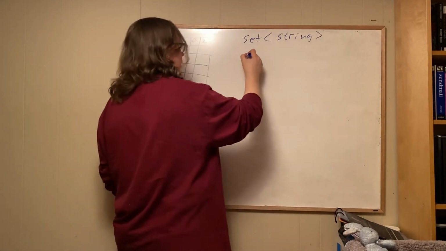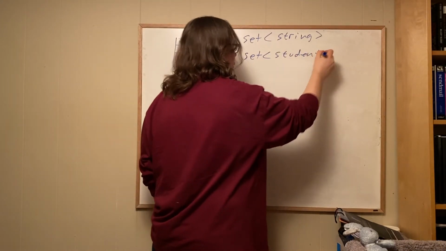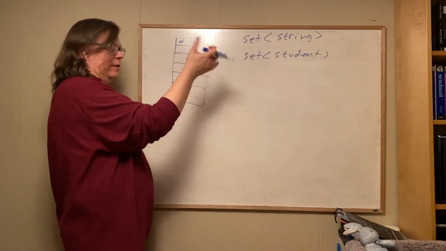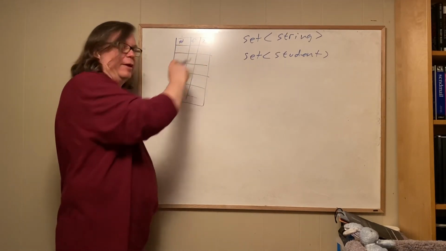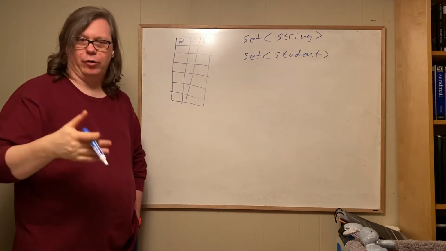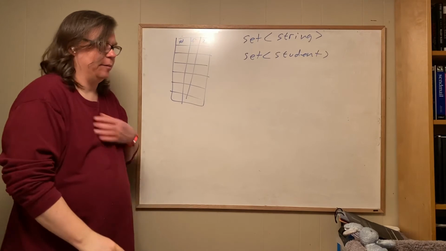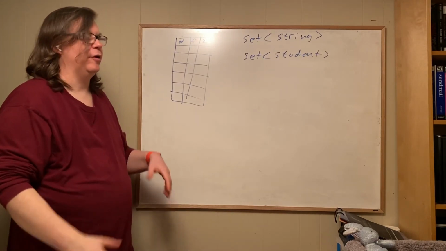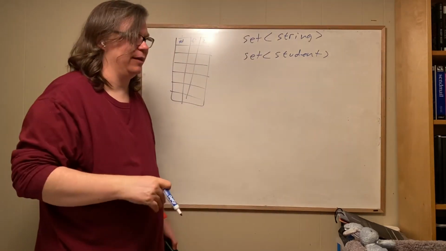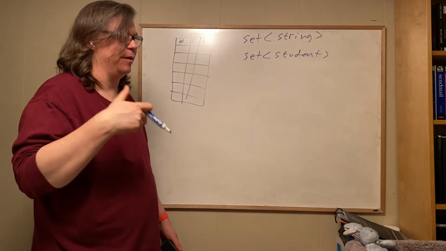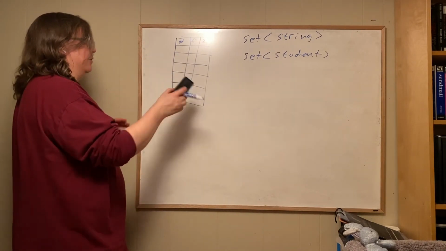So I'm much more likely to do a set of students, where a student has instance variables for their student number, their first name, their last name, and then I'm going to write some code for the comparison stuff. So that would be a class list.